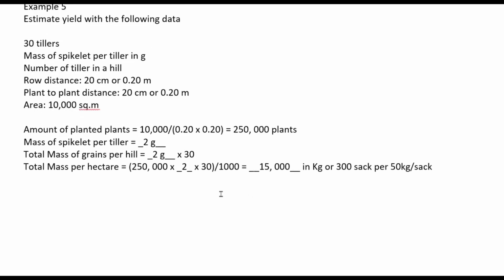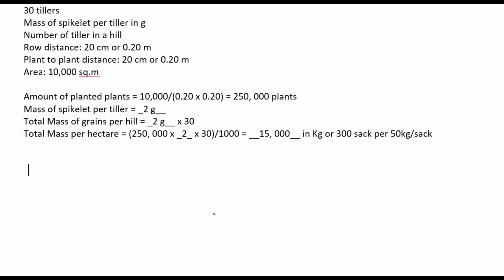So now suppose we go 40 tellers. You can then change these numbers, row distance, plant to plant distance, and get a yield of 300. So by knowing this information, you could then say, okay, I can estimate by having these parameters to get me a yield of 300 sack per hectare.